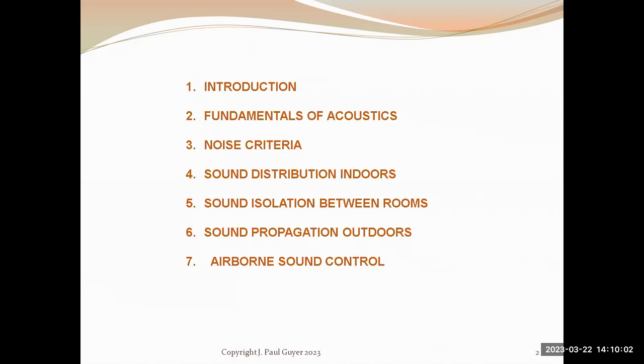Airborne sound control, we won't get into that. That is kind of what you do for the occupants of your building when you can't control the sound adequately with the features that you design into the building. And that's when you have to start using personal protective equipment, things like that, mufflers on engines and so on and so forth.